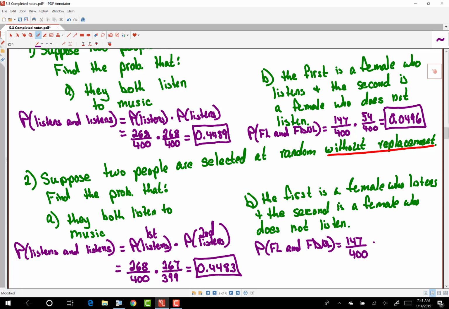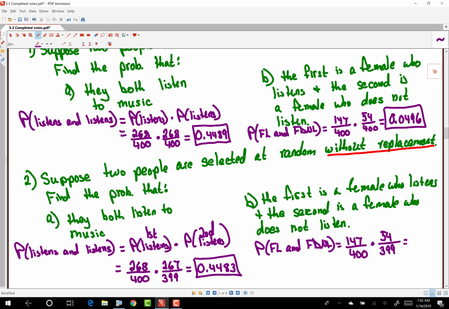Now for the second person, we have one less person to choose from, so 399. But notice with this one, because the second category is different from the first, females who do not listen, we assume the first happened. So we assume that we chose a female that listened. So the females that do not listen, there is still 54 of them, but it's out of 399 now.